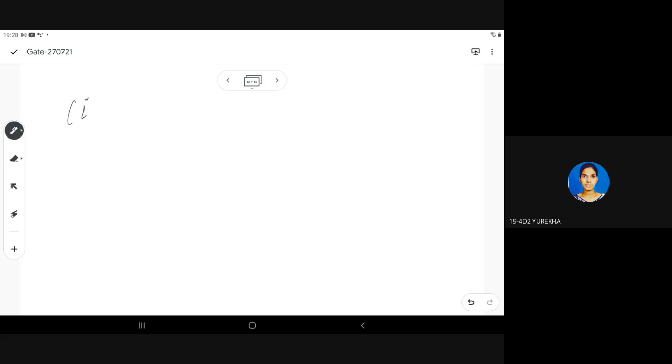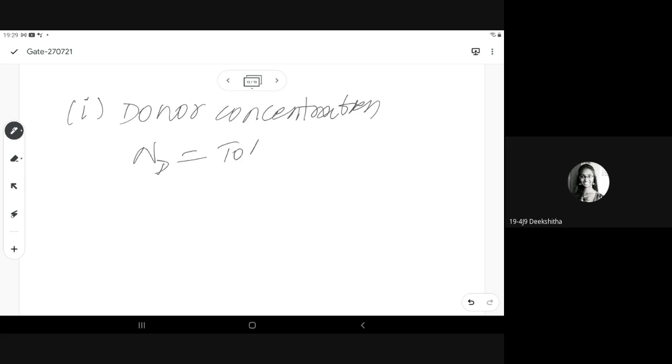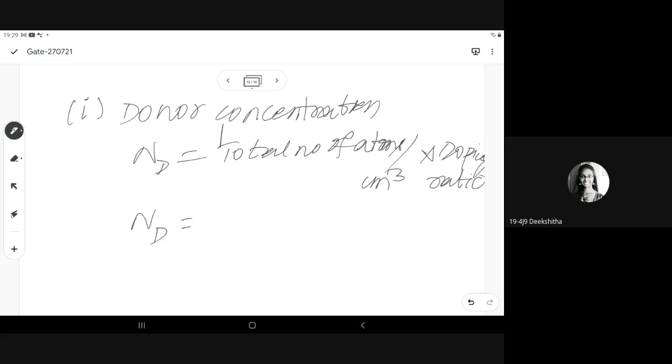What is the first one he is asking? The donor concentration. The donor concentration formula is Nd equal to the total number of atoms per centimeter cube into the doping ratio.